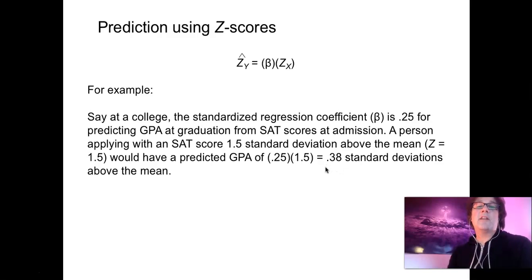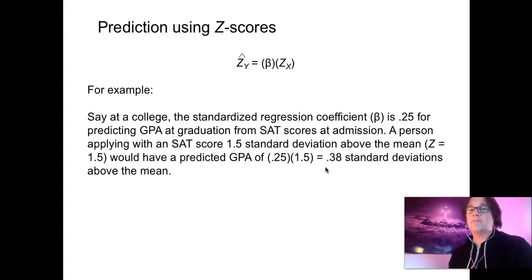So we would see that a person who enters the college with a standardized SAT score of 1.5 should graduate with a standardized GPA of 0.38, or 0.38 standard deviations above the mean.